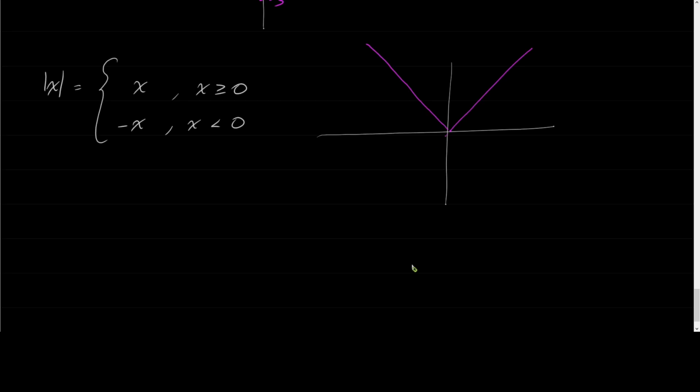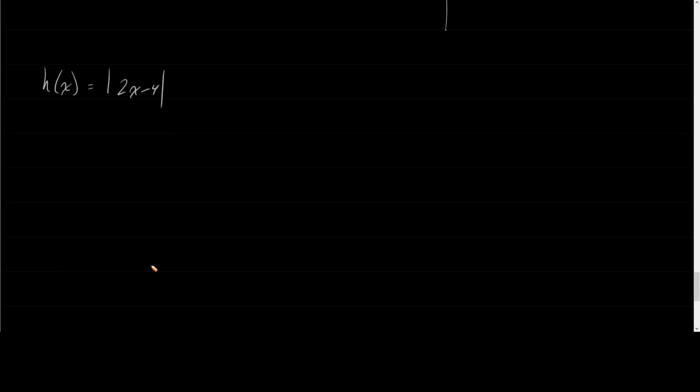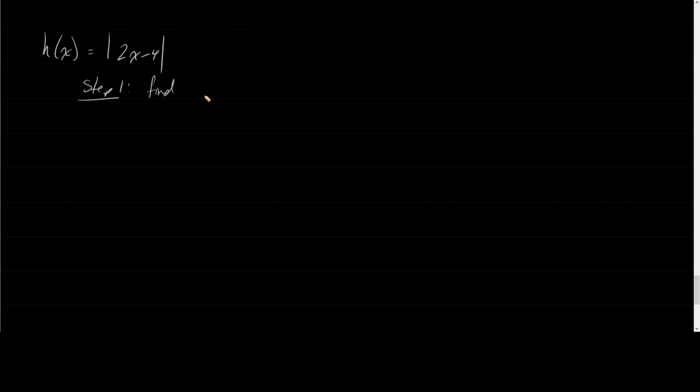But how do we graph something a little bit more complicated than this? Let's say that h of x was the absolute value of 2x minus 4. Here's how we're going to graph this. Step 1: find the x-intercepts.